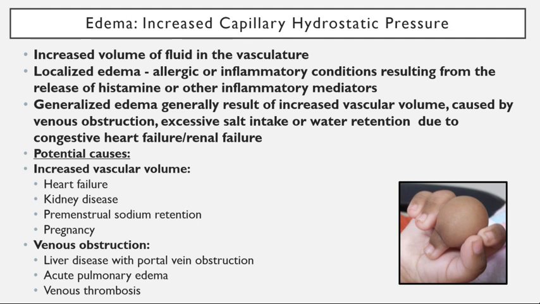Increased capillary hydrostatic pressure. This is where you have a ton of pressure in the blood, and it's forcing a whole bunch of fluid out. The best example of this is venous obstruction, where you've blocked some vein. Imagine you have a vein that branches into two, and normally the blood pressure upstream is divided by two whenever it splits. Well, then you cut off one of them.